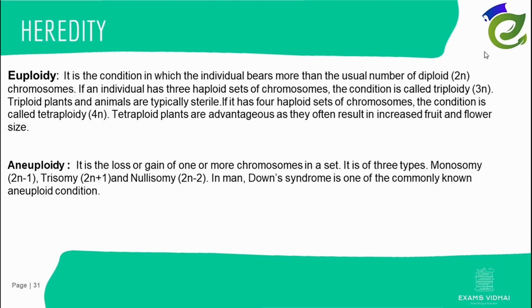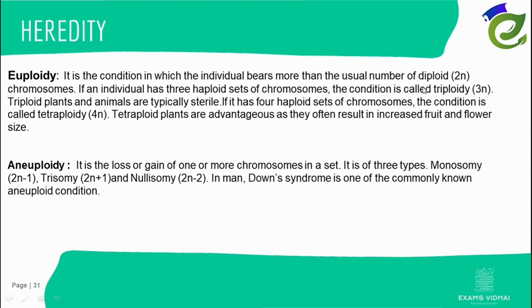Euploidy is all about addition, while aneuploidy is all about deletion, I mean subtraction. So euploidy is the normal human or any individual. What they have is the diploid number, 2n. The usual number is diploid number 2n. If any species contains more than 2n, it's called euploidy.